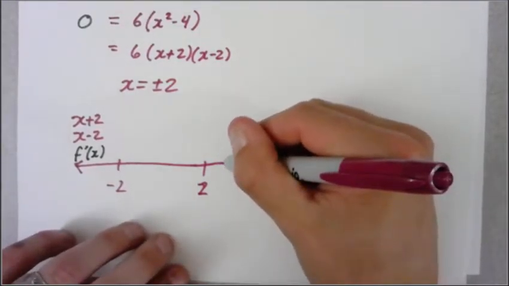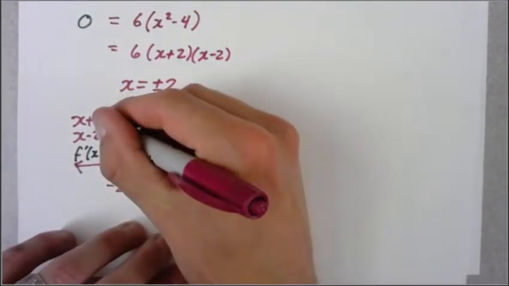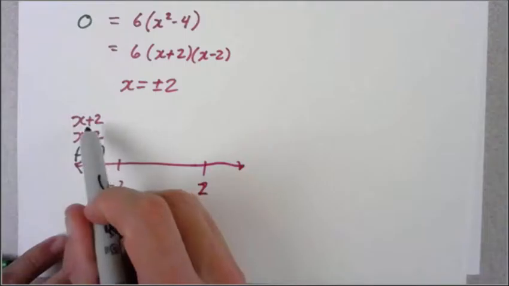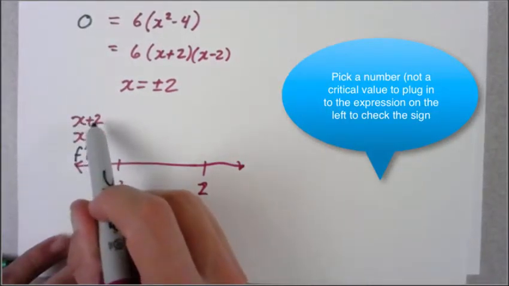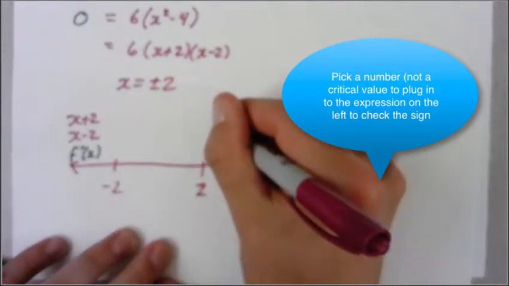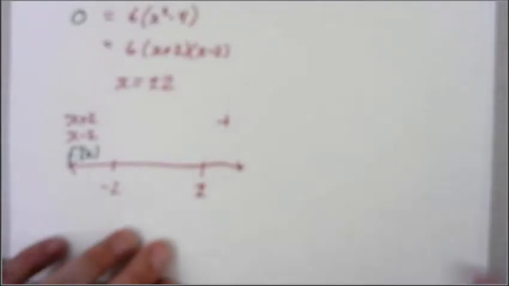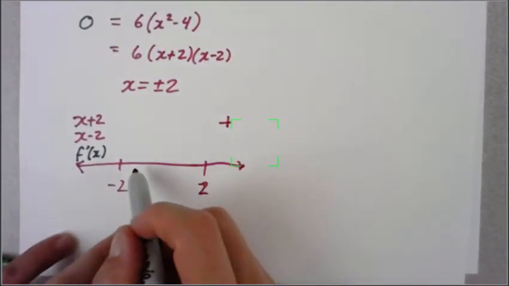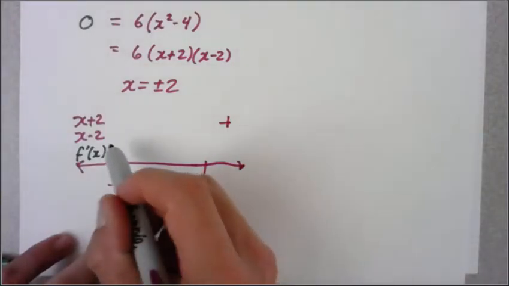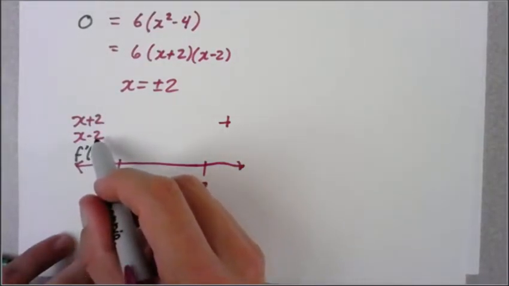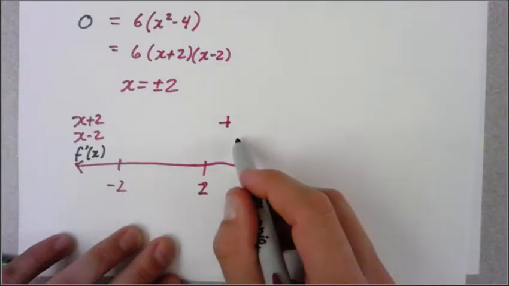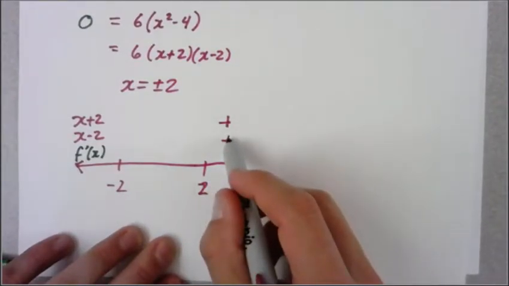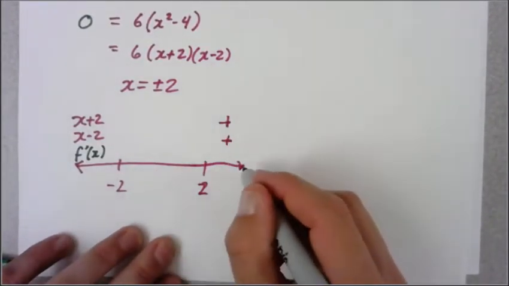If I pick a value greater than 2, anything greater than 2, x plus 2 is always positive. For x minus 2, a number like 3, 4, 5, 6 is also positive. A positive times a positive, because this is multiplication, is a positive.